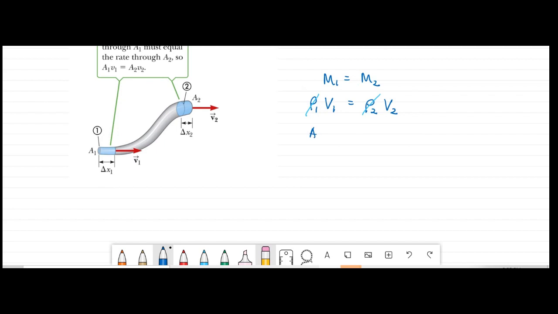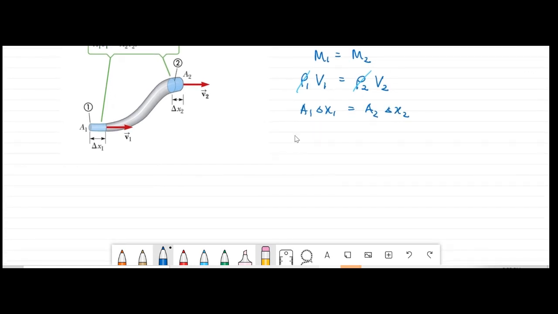So volume is A1 multiplied with delta x1, right? Delta x1 is the displacement of the fluid at a given time. So at the same time interval, the displacement of the fluid at point 2 is delta x2. So I will get volume V2 is A2 delta x2. Okay, now I'm trying to relate the x with the speed.